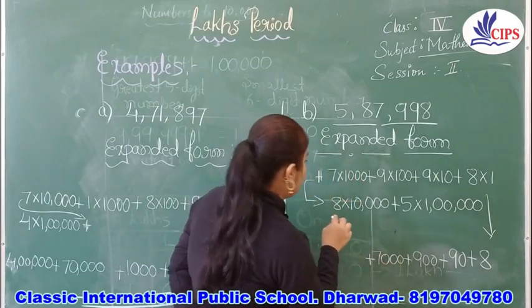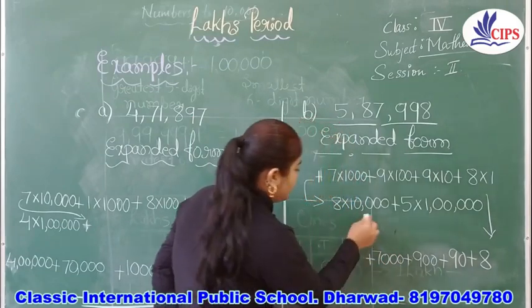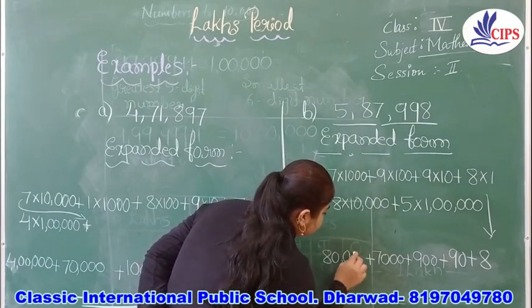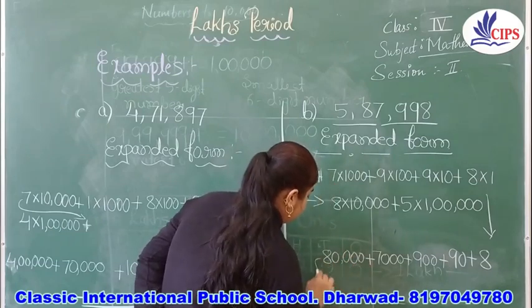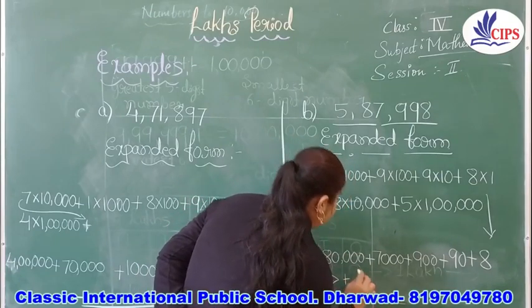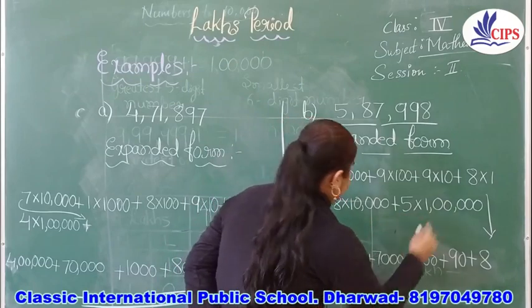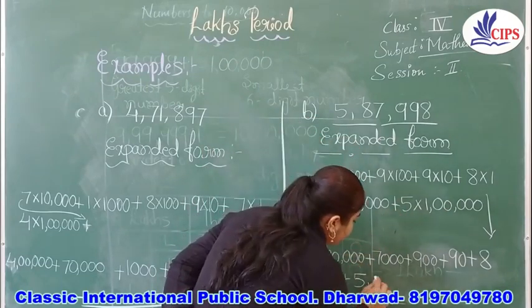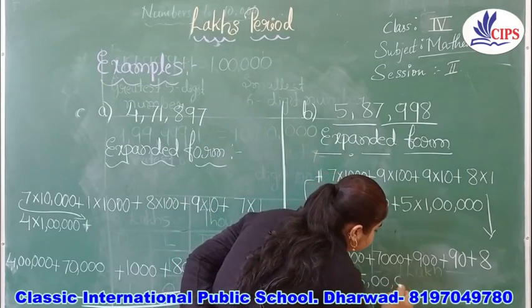Plus 8 into 10,000, 80,000. Last, 5 into 1 lakh, it is 5 lakh.